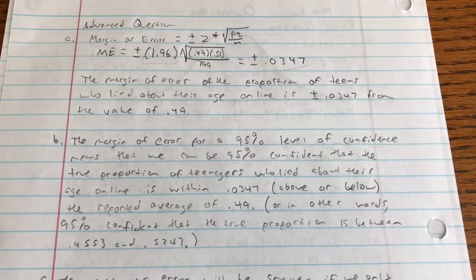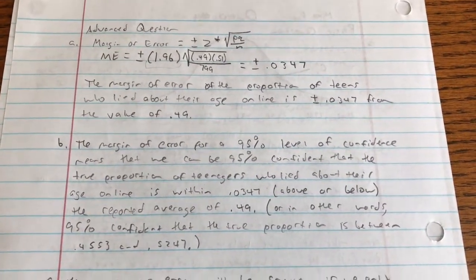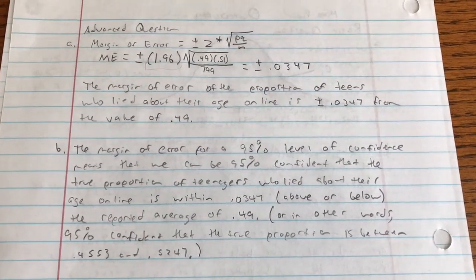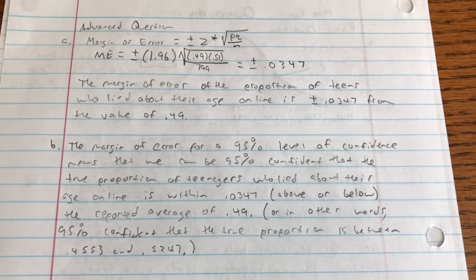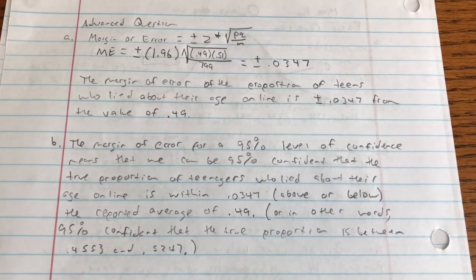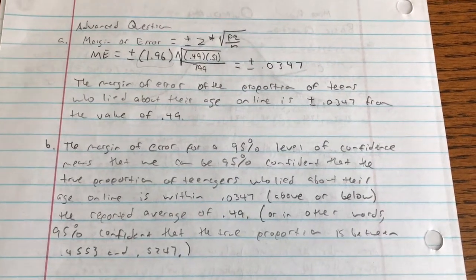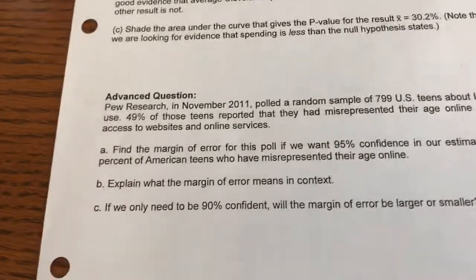In other words, we're 95% confident that the true proportion of teens who misrepresented their age is between 0.4553 and 0.5247, which I got just by adding and subtracting that margin of error from the original proportion.